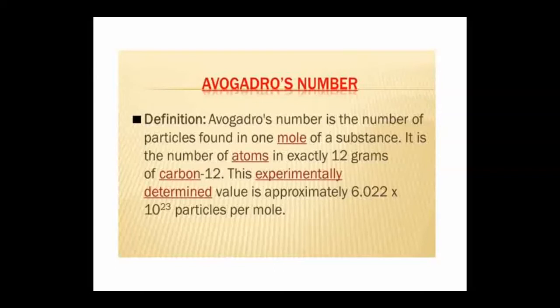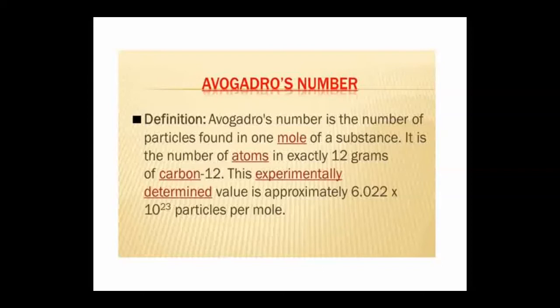So students, keep this in your mind: whenever the words Avogadro's number come in front of you, you must click in your mind the absolute number 6.022 × 10^23. So we can say Avogadro's number is all about 6.022 × 10^23 particles per mole.